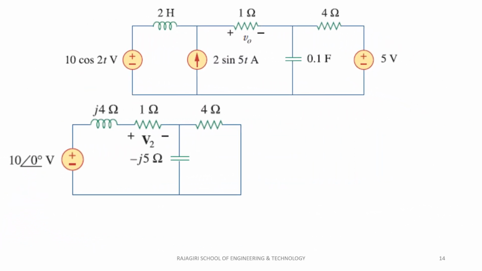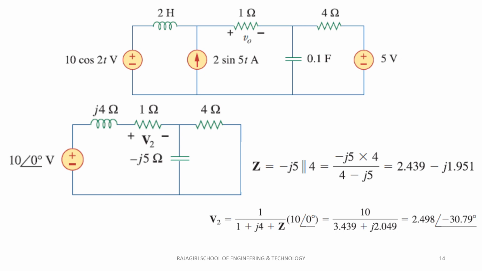Considering the effect of the AC voltage source now, we find that the parallel combination of the 4 ohm resistor and the capacitor is in series with the inductor and 1 ohm resistor. We can apply voltage division rule to obtain V2, the voltage across the 1 ohm resistor due to the AC voltage source.